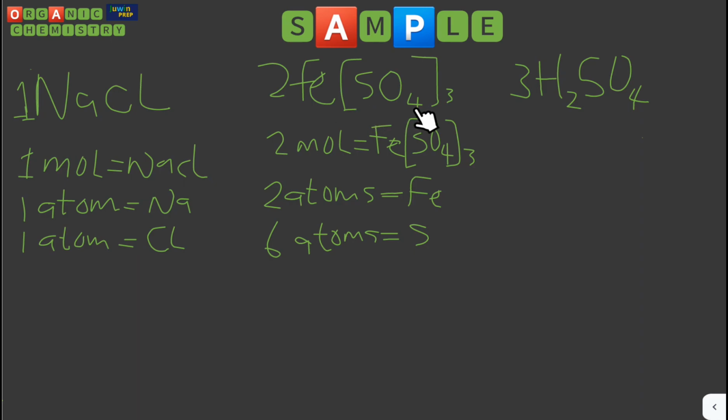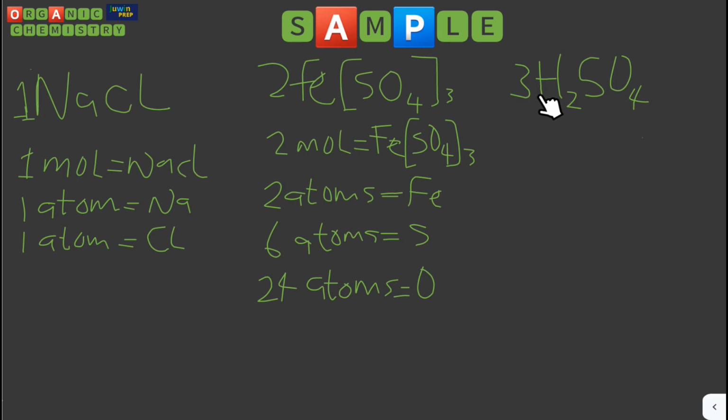And next we'd say 3 times 4. 3 times 4 is 12. 12 times 2, 24. So we have 24 atoms of oxygen.